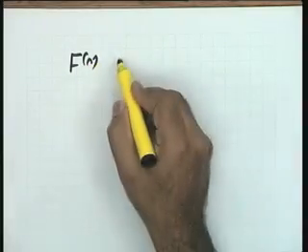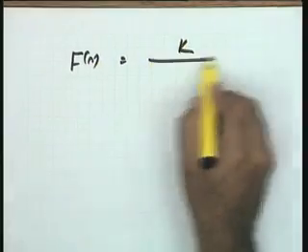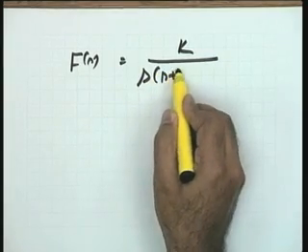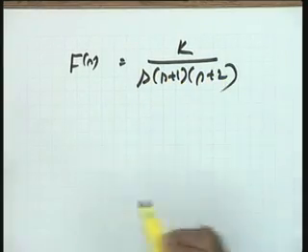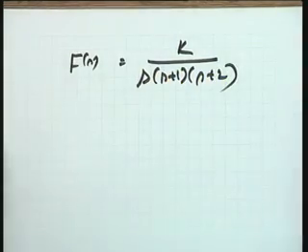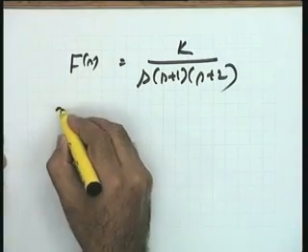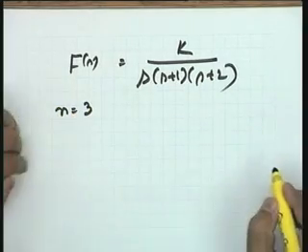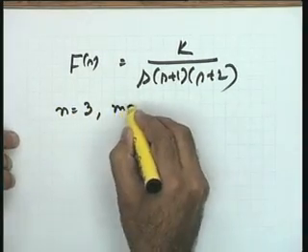Well, quickly, if you can make the calculations, fine. Otherwise, I have a solution with me. I'll take the calculations from my solution to take care of the speed at which we go. I take F(s) equal to K divided by s into (s plus 1) into (s plus 2). Set the values of n and m: n is equal to 3 and m is equal to 0.